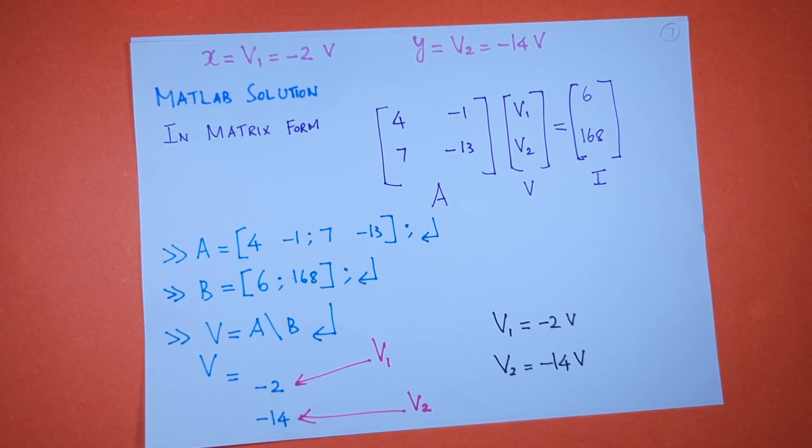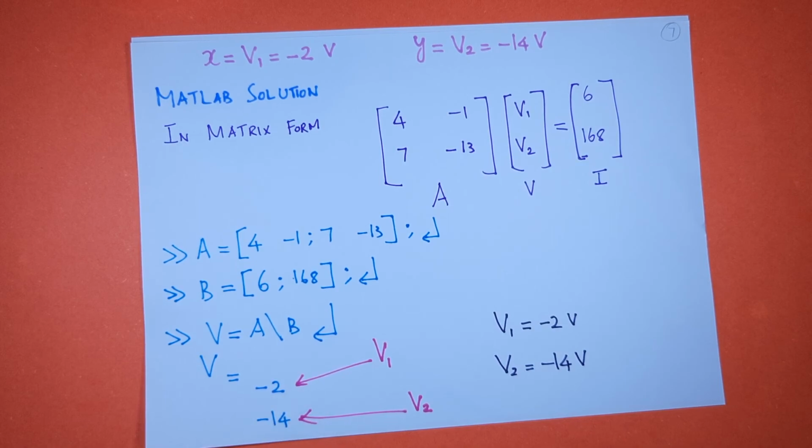The other method is V equal to INV, open the bracket, capital A, close the bracket, star B. That is V equal to inverse of A multiplied by B. That is one method. But if you want to get a very quick solution, we can use the division operator.